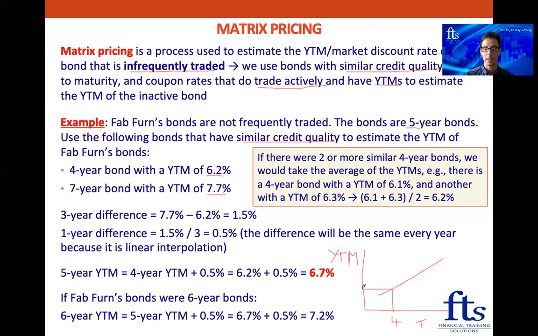And then we've got the next one, which is the 7-year bond. Let's put in 7 years there. Its yield is over here, 7.7%. So what we need to solve for is this. Fab Fern's bonds are 5-year bonds, so we need to use the 4-year rate and the 7-year rate to try and interpolate what the 5-year rate is going to be.